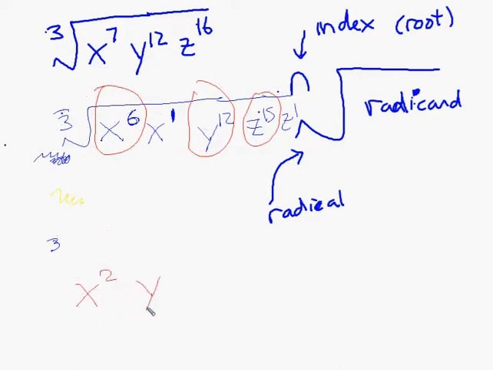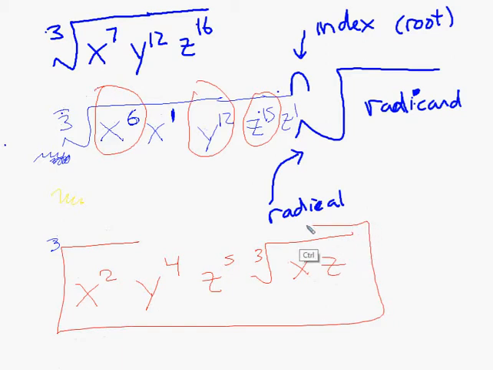Y to the 4. And then z to the 5, then cube root, don't drop the cube. What's left on the inside? X and z. A common mistake that students had last year was they would leave things in the radical that they'd just taken the root of. They come out when they're done.